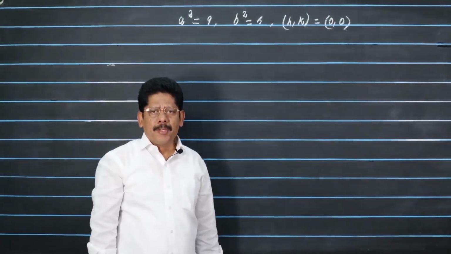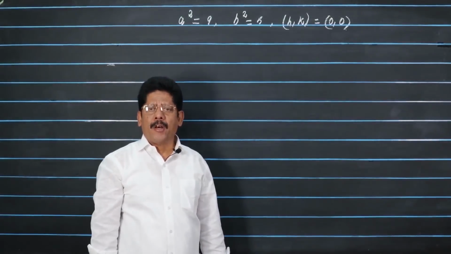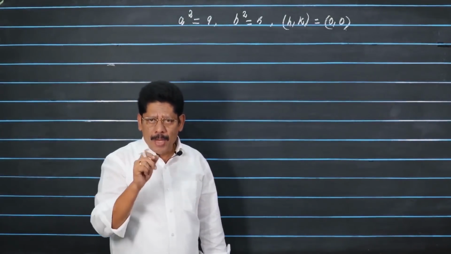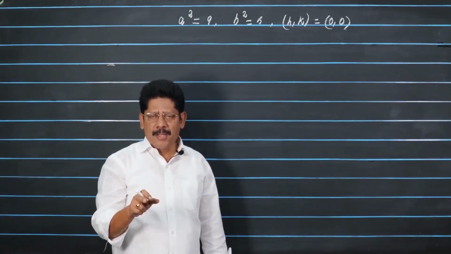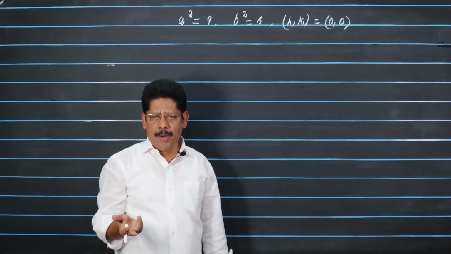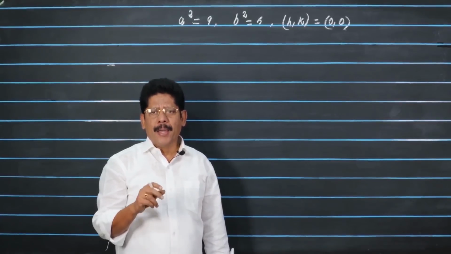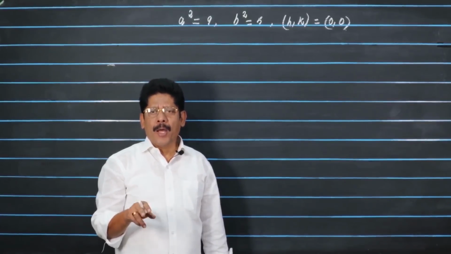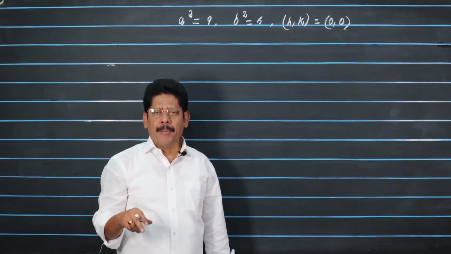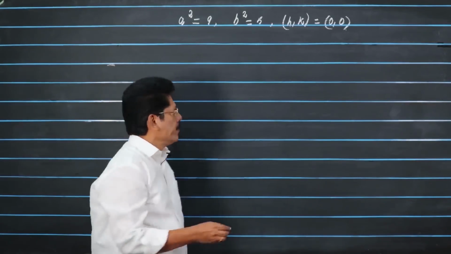Now, since the problem is representing its major axis along x-axis, the equation of the ellipse with its major axis along x-axis is of the form (x minus h) the whole squared by a squared plus (y minus k) the whole squared by b squared is equal to 1.